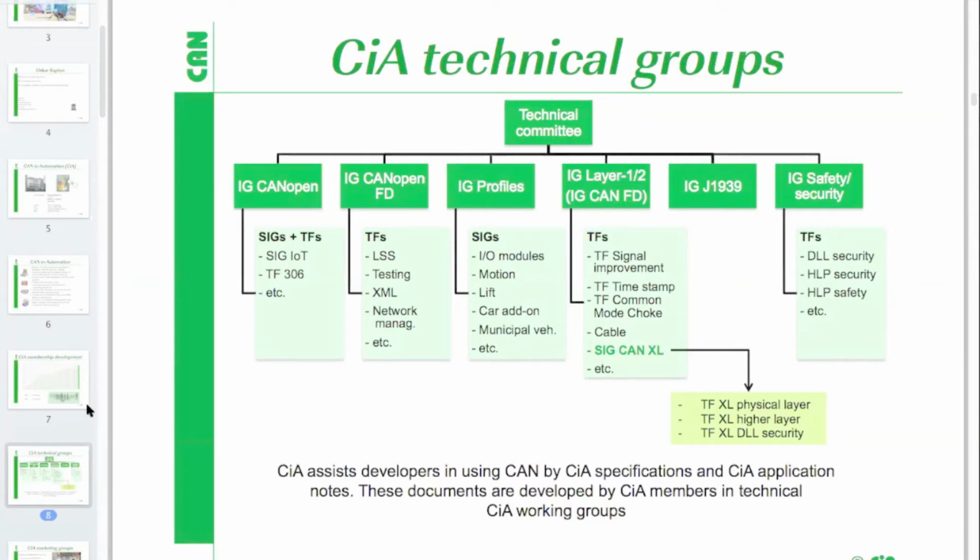We also have safety and security working groups, maintaining various aspects of safety and security in embedded networks. We have IG device profiles, where specific areas of application, devices and applications are addressed, and we have frameworks we specify with IG CANopen and IG CANopen FD, which is new CAN FD-based technology.